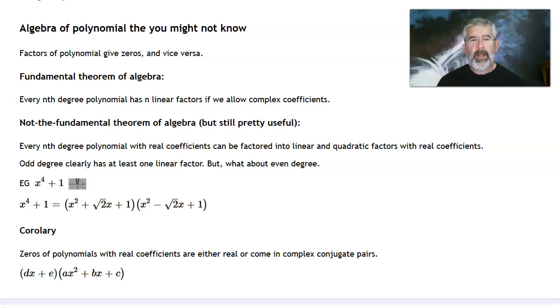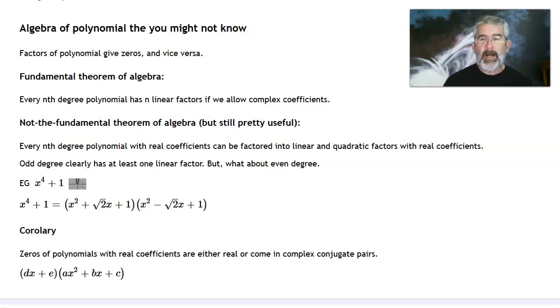If you have a linear factor of the polynomial, like x minus a, then x equals a will be a spot where the function is equal to 0. Likewise, if x equals a is a place where the function is equal to 0, then x minus a will be a factor. I'm only talking about polynomial functions at the moment.